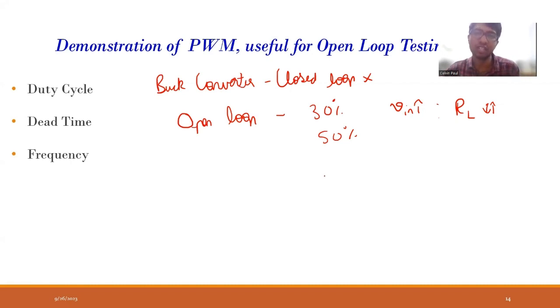There will be some deviation in the output voltage with respect to input voltage because of the parasitics of the buck converter. But overall, if you're increasing the input voltage, is the output voltage increasing? Those basic things you have to check. So you have to generate PWM signals of fixed frequency and fixed duty ratio. Once you have checked it for one frequency, you can increase the frequency and check for another, but first you have to do open loop.